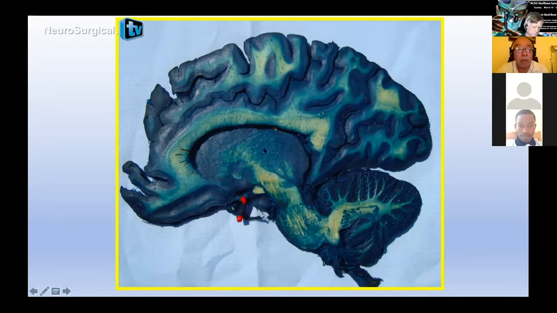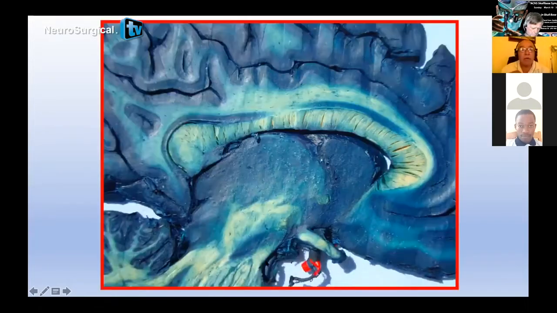For example, here we have the frontal lobe, parietal, occipital, and here we have the cerebellum and the olive nuclei. So here is the midbrain, pons, and medulla. So we are going to see several cuts.